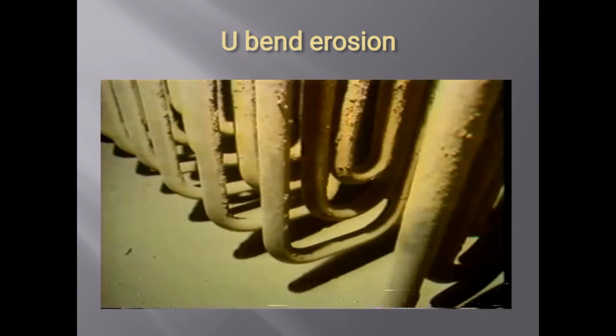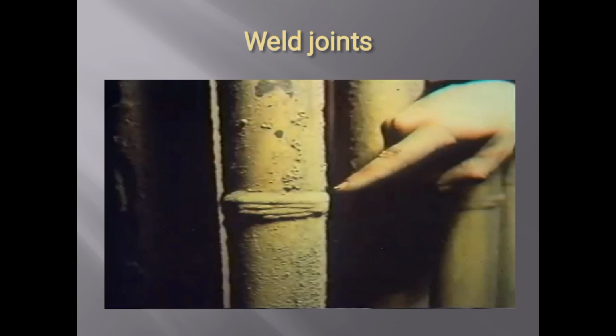When water passes through these U-bends, the rubbing and wearing of the tube is very high. So this will cause the U-bend erosion, and during inspection we must check the thickness of the tube there.